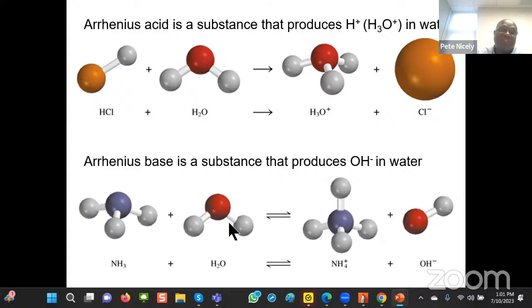Ammonia reacts with water to form the ammonium ion, and as you can see here, the hydroxide ion is being formed, all right? So that's just one example. So basically, an acid is a substance which increases the amount of H+ ions present when added to water, and a base is a substance which increases the amount of hydroxide ions present in water when added to it, all right? So that's the Arrhenius definition.